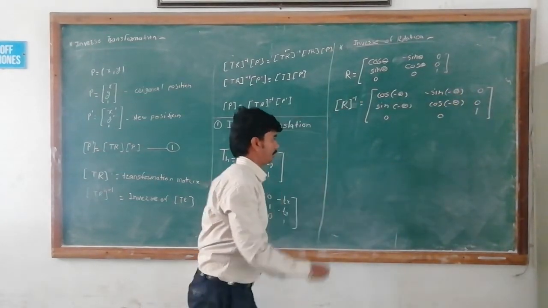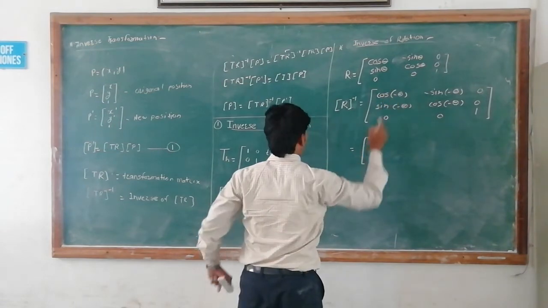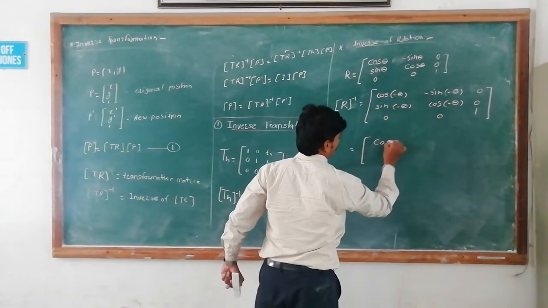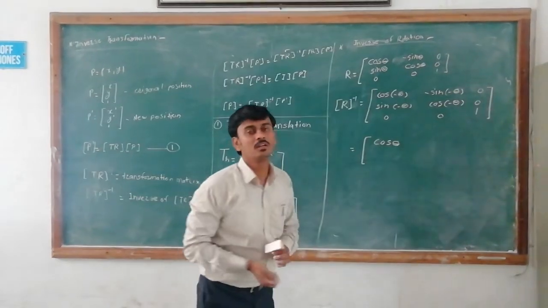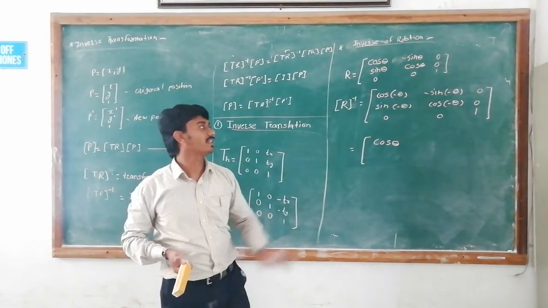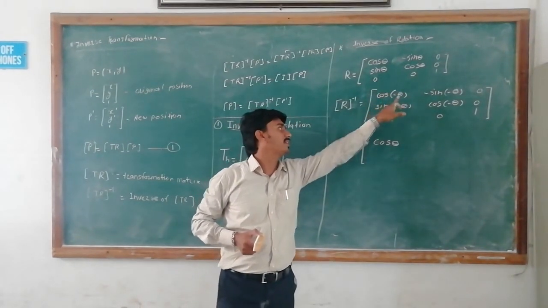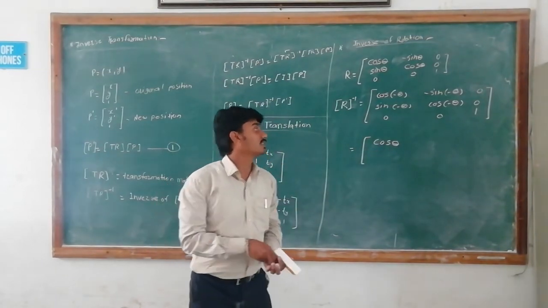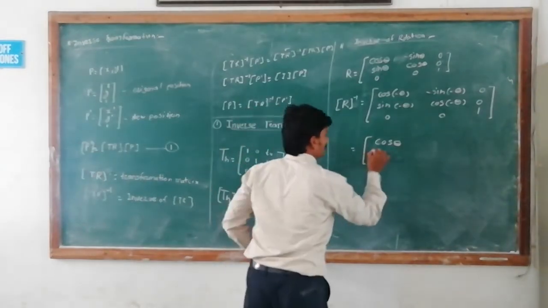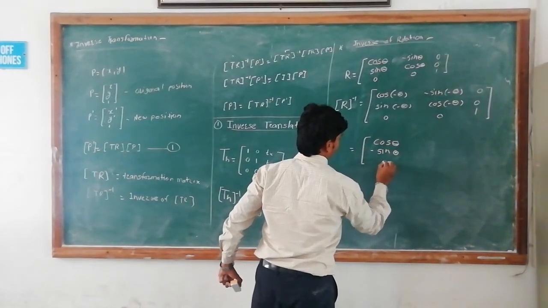Okay, so cos of minus theta is equal to cos of theta. If we put the value of cos 30 and cos minus 30, they are the same, so cos of minus theta is equal to cos of theta. Sin of minus theta is equal to minus sin theta, so it is minus sin theta, here 0.